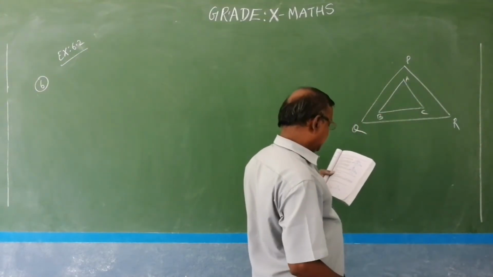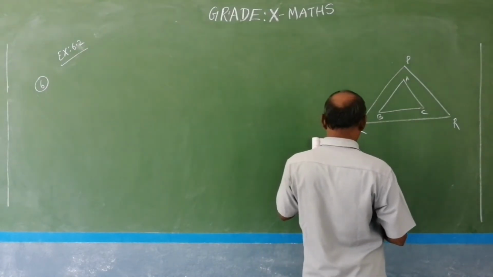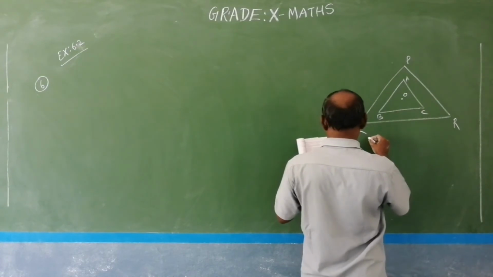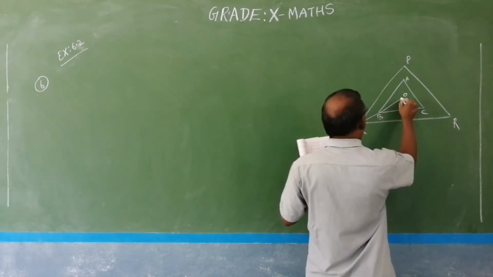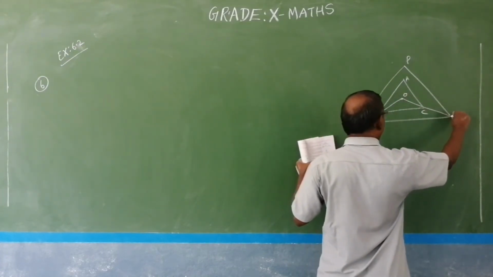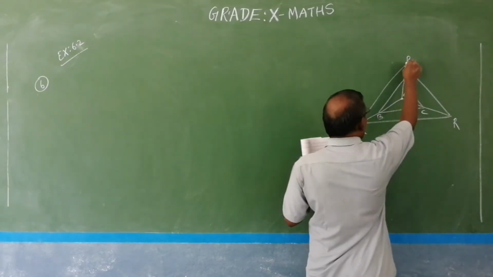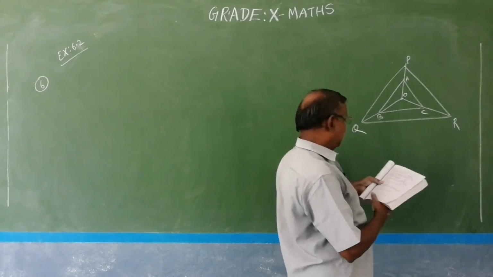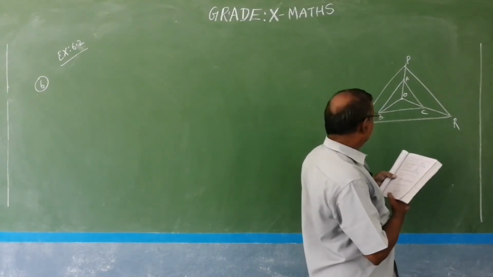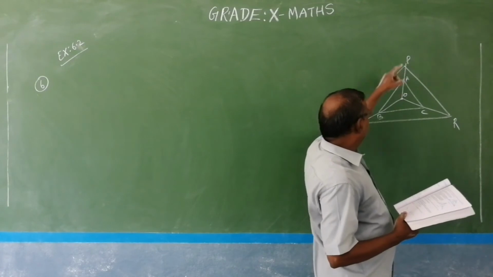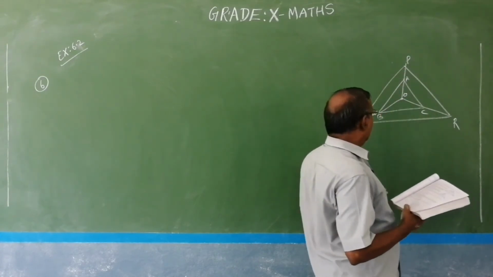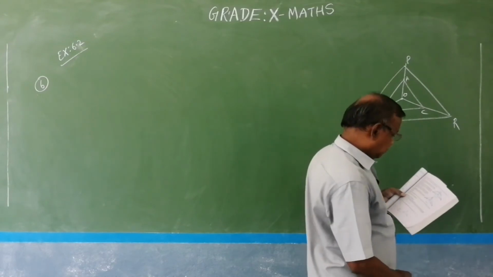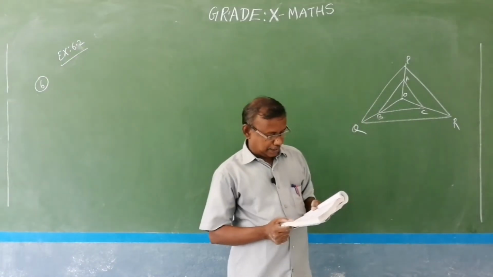There is a point O such that they joined OQ through B, OR through C and OP through A. So point O joins OP, OQ, OR and also it joins OA, OB, OC. Now what is given and what they asked, let us see.